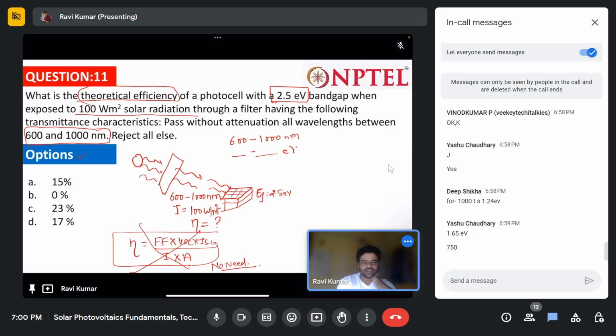We don't need electron volt for 750. We need only for 600 and 1000. See, I'm saying this thing. It is already here, 600 to 1000 nanometer. I need this one. Give me this.